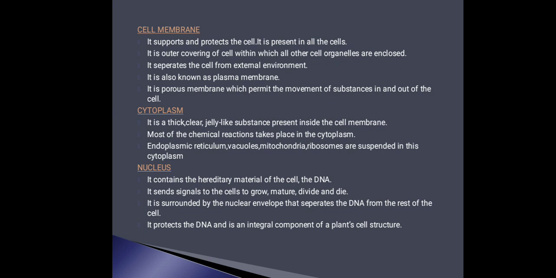In plant cells, the cell membrane is covered by the cell wall, and all other cell organelles are enclosed by the cell membrane, which separates the cell from the external environment. It is also known as the plasma membrane.